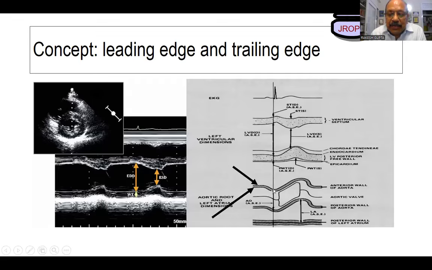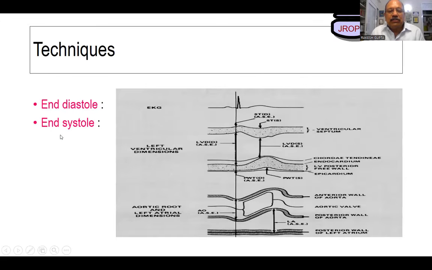When we measure in M mode, we measure from leading edge to leading edge. If I'm doing the same thing in two-dimensional echo, I measure from the trailing edge, the lower end of this image, to the upper end of this image. There's hardly a variation of 1 to 2 millimeters between leading edge and trailing edge.